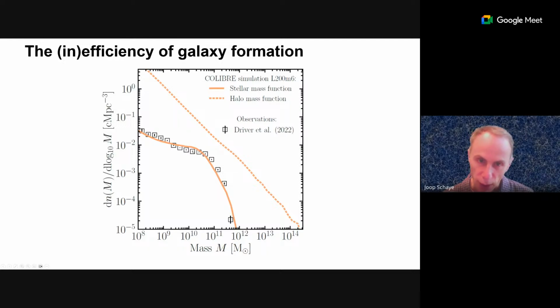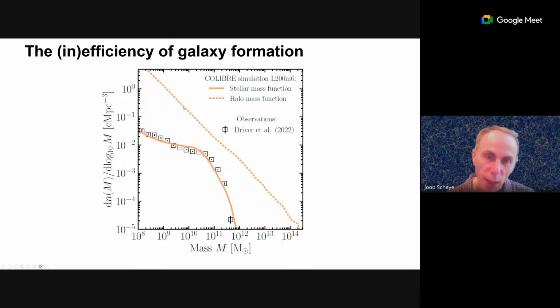And what is shown in the solid line is a simulation that we're doing now that can reproduce this quite well. So this is the stellar mass. But I've told you there's also dark matter in the universe. And these galaxies are hosted by quasi-spherical halos of dark matter. And they are more massive because the dark matter has more mass.